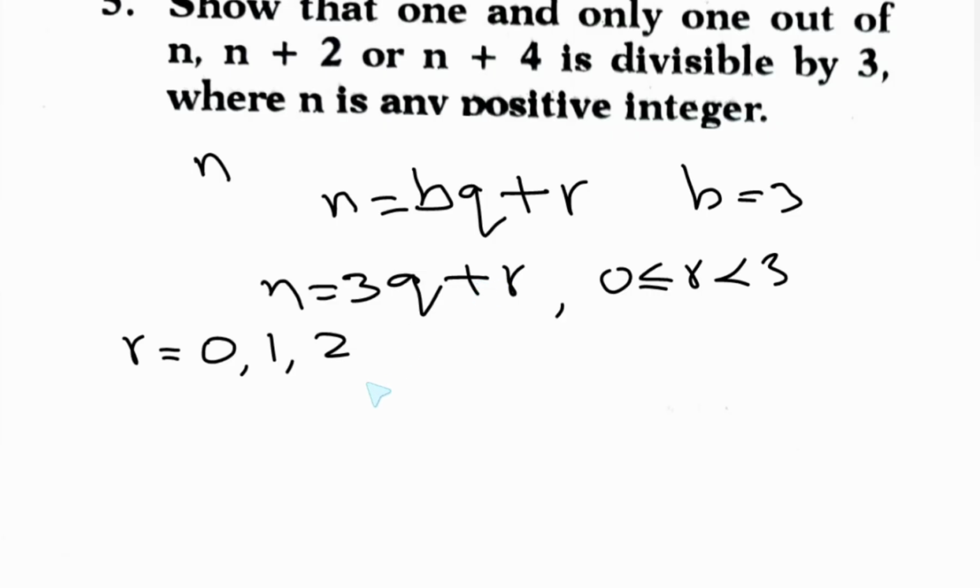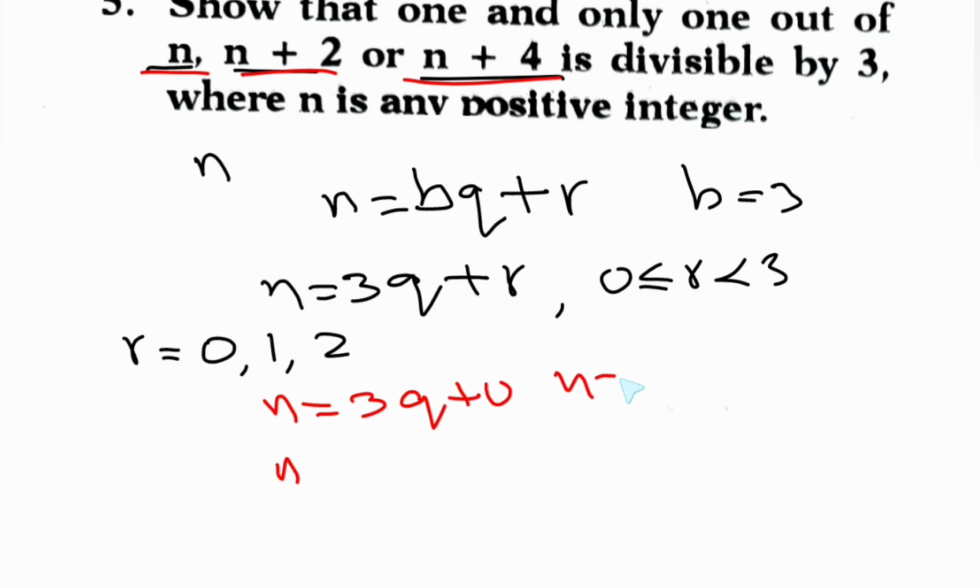Now we have 3 values, n, n plus 2, n plus 4. Now substitute in this equation. First n is equal to 3q plus 0, the second one is n equal to 3q plus 1, and the third one is 3q plus 2.